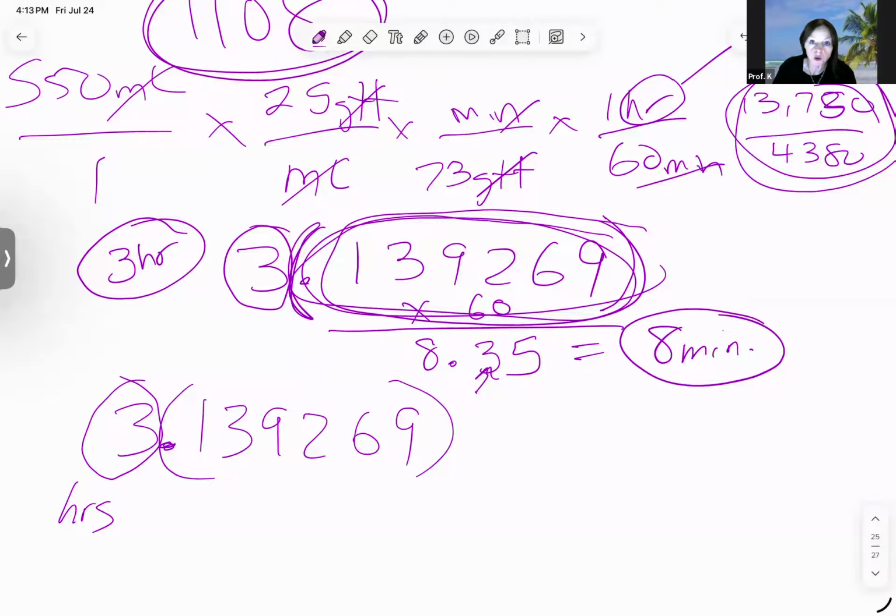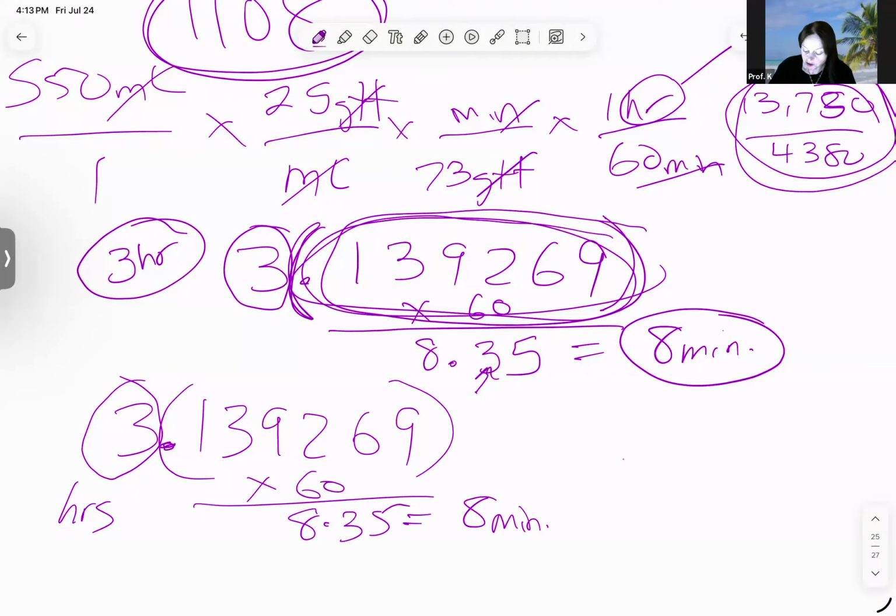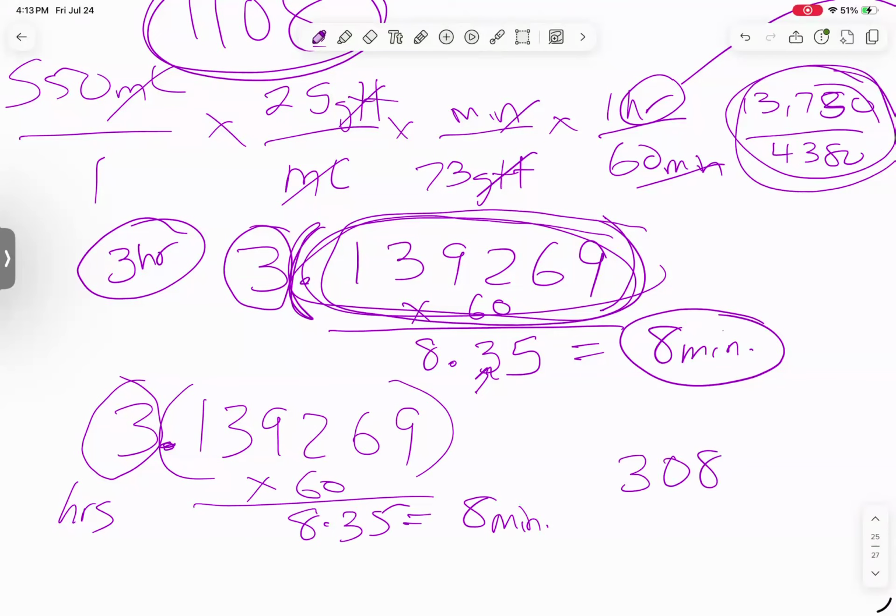So it would be 0.139269 times 60. So put that in your calculator, 0.139269, and multiply it by 60. And that will give you 8.35. And we would round that to 8 minutes. So it's 3 hours and 8 minutes. Gotcha. Yeah.